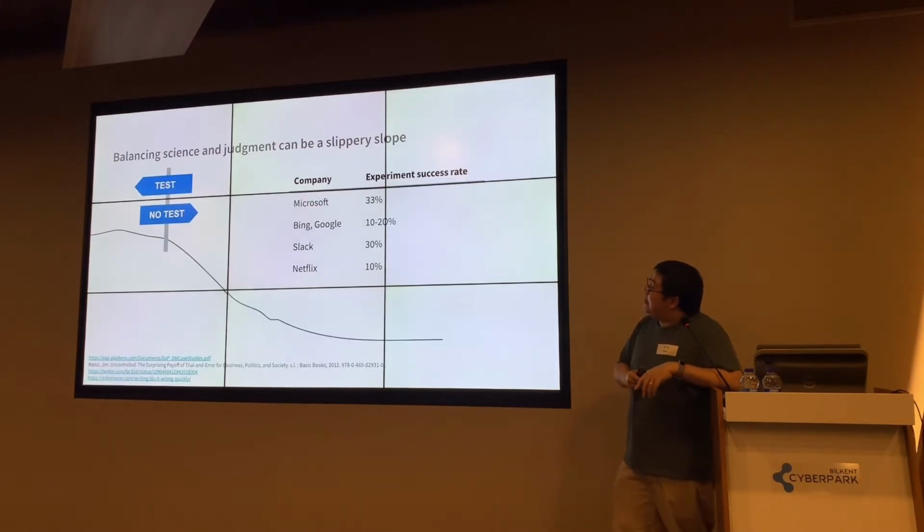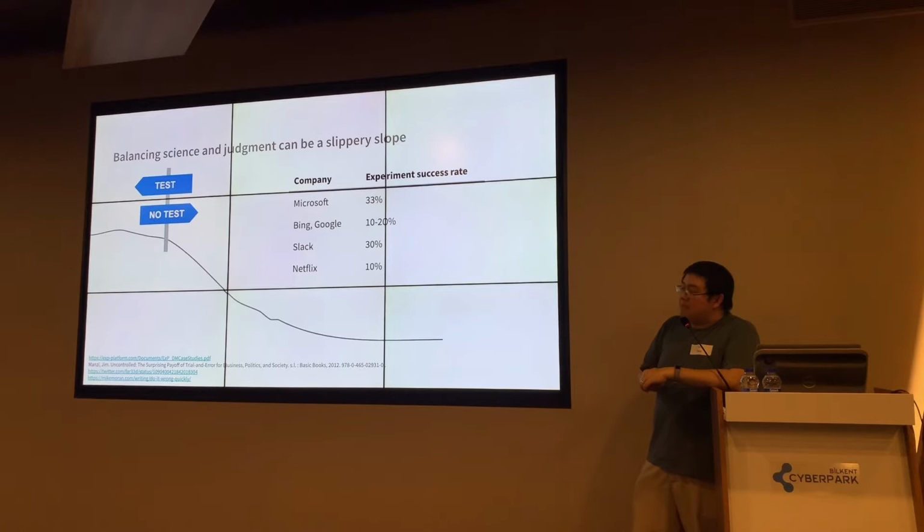Another thing I'll point out is that many times, we presented A/B testing as a bit of a science, right? But the reality is that many times there's a lot of judgment calls that need to be made. So for instance, you run an A/B test, you see that perhaps the treatment that you introduce improves one metric, hurts another metric.